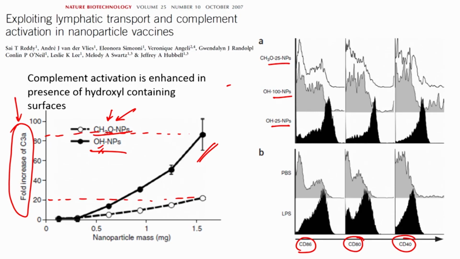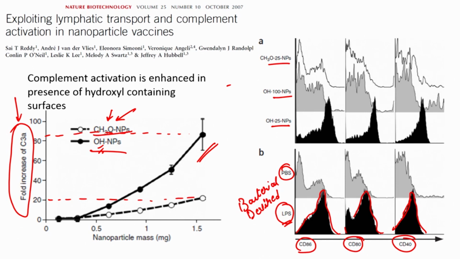Complement is one of the ways to do this, and they have a positive control which is LPS, a bacterial derived lipid. Remember we talked about how LPS is very good at activating your cells, and you do see that. Antigen presenting cells express a lot more receptors on their surface when they have LPS in the surrounding. So this is your PBS, the basal level, and this is after activation in the positive control.